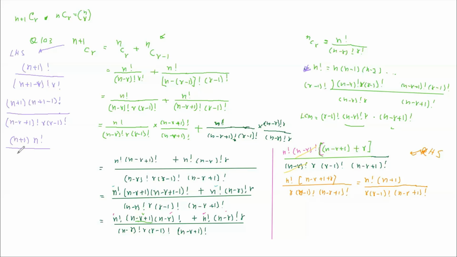Over (n minus r plus 1) factorial times (r minus 1) factorial. Now you check, this is the left hand side and this is the right hand side.